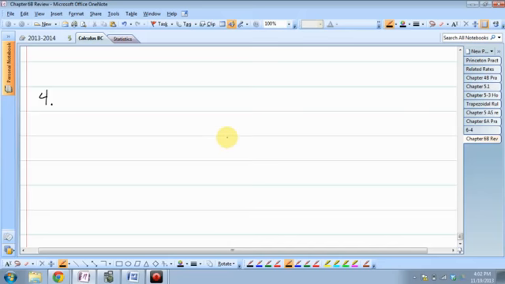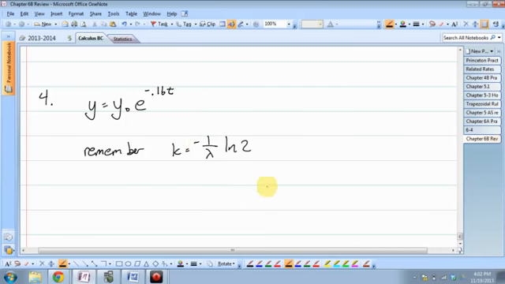Okay, question 4, we have this equation, y equals y naught e to the negative 0.16 t. And I think part A is what is the half-life of the equation. Remember that k is equal to negative 1 over lambda natural log of 2.